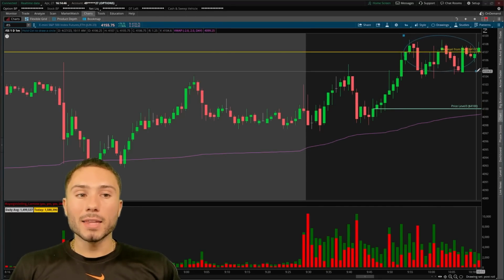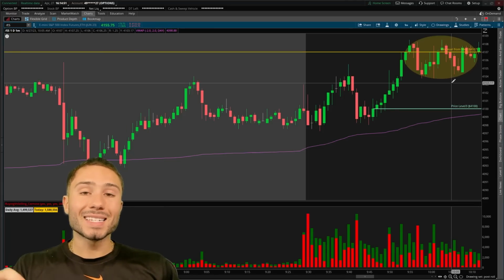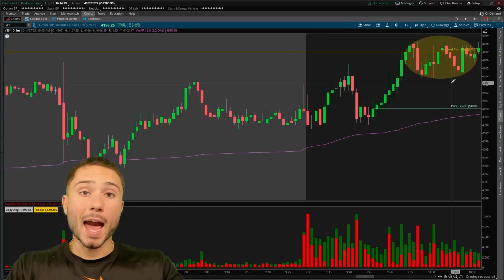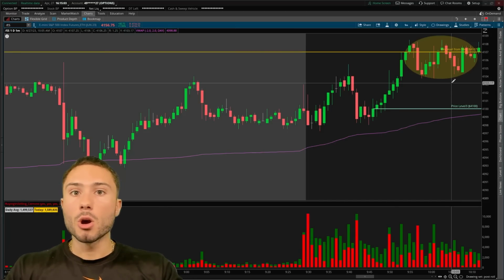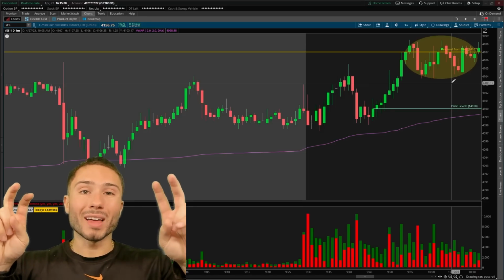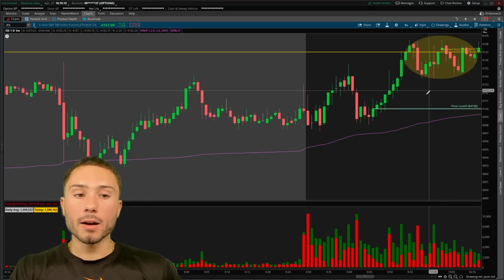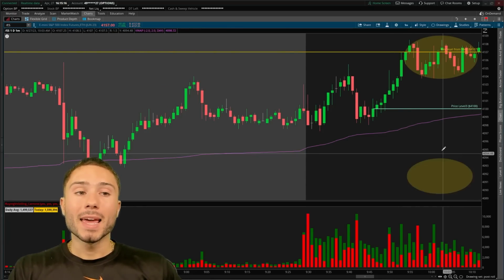When we have consolidation, and you must think of this from an auction standpoint, when the market consolidates, it's building volume at that price. If you're building volume at that price, you have buyers and sellers trading at that price. Now, if you have buyers and sellers agreeing on price, or trading at it, or there's a lot of volume, then there's a lot of what you call acceptance at that level. And the chance of a high being formed here, and a low, if we're talking about a demand zone, being formed is slim.